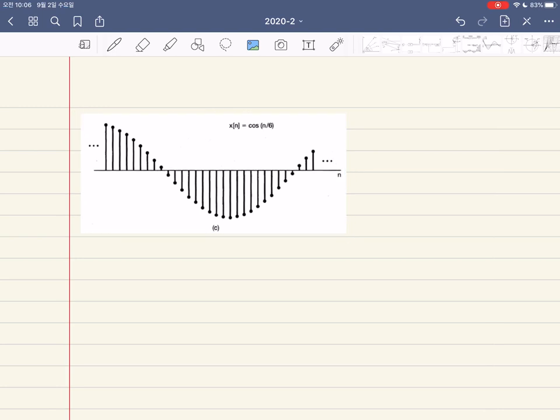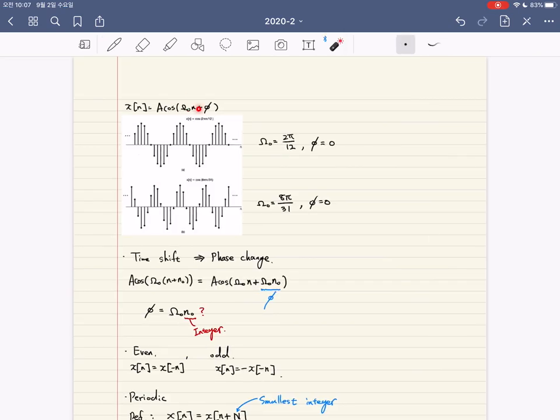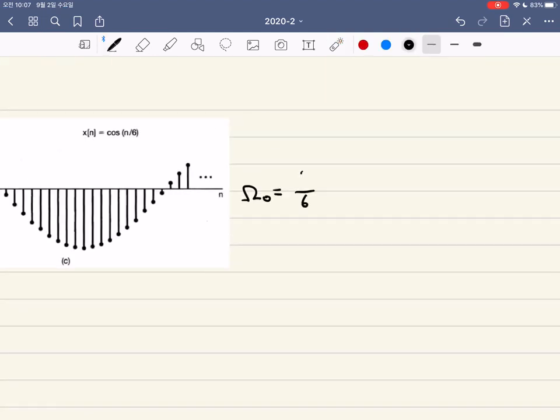The third example is x[n] equals cosine of n over 6. So what is omega 0 for this equation? If you think of this basic equation here, then omega 0 is 1/6.